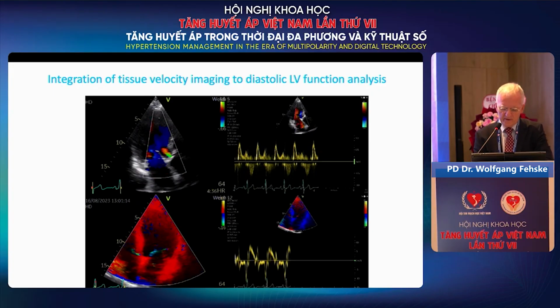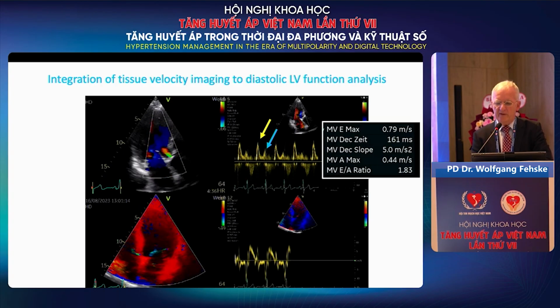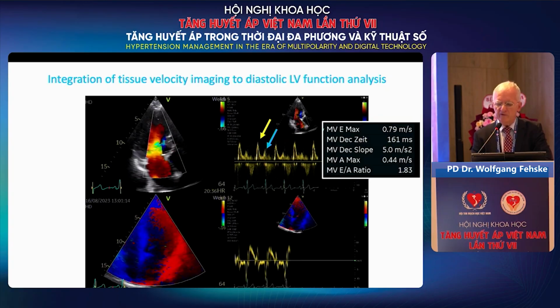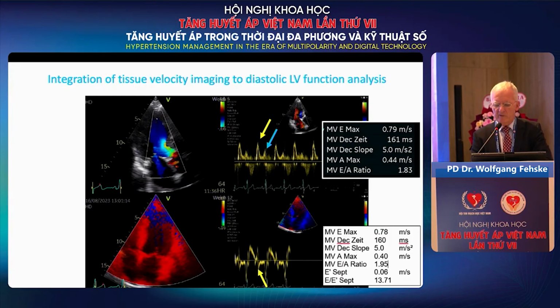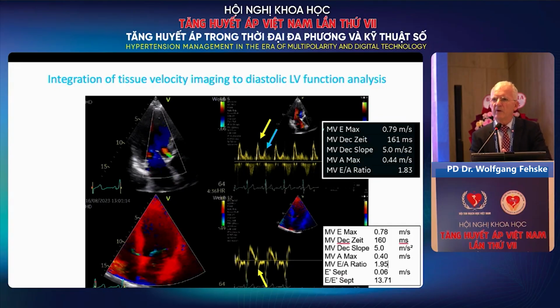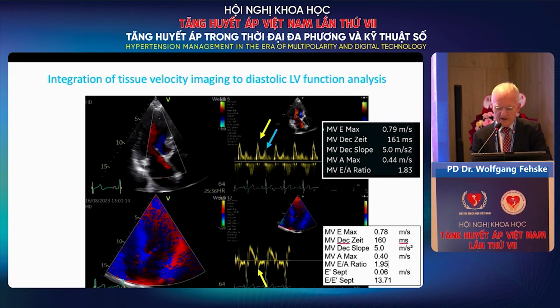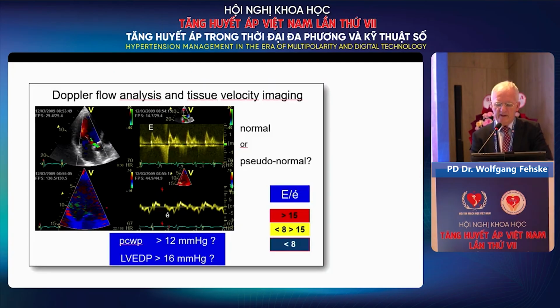And then we thought that this would be a very good idea to calculate with these different aspects the E over A ratio, and then at the same time we could perhaps calculate the E over E prime. This is what we can do with our machines every day today, and we thought at that time that it could be a solution to work with E over E prime as a diastolic function parameter.